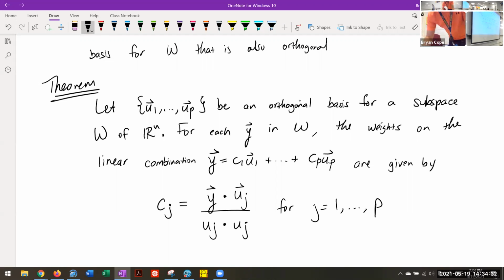And put vector hats on the U's, my mistake. Oh my gosh, what does this look like? Projection. A projection. That's crazy.